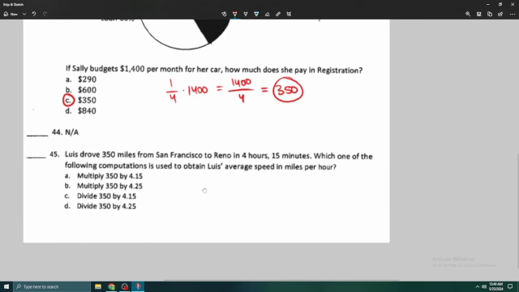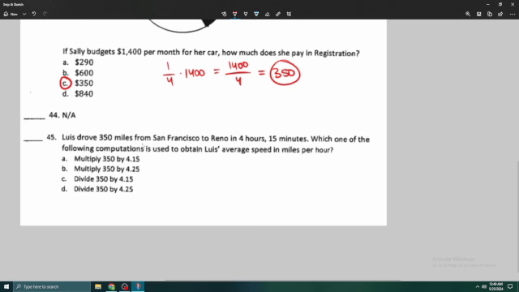Must live in California. Luis drove 350 miles from San Francisco to Reno in 4 hours 15 minutes. Which of the following computations is used to obtain Luis's average speed in miles per hour? Oh, that's easy. 350 miles divided by 4 hours and 15 minutes.